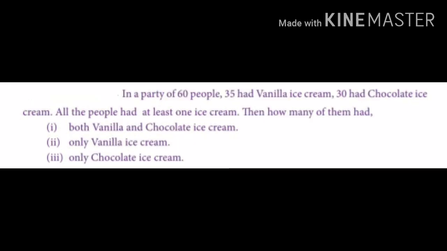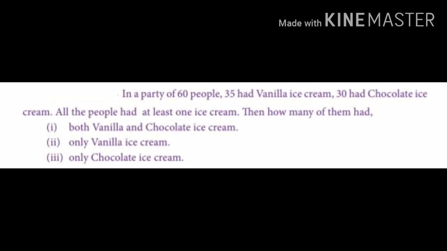Second question. In a party of 60 people, 35 had vanilla ice cream and 30 had chocolate ice cream. All the people had at least one ice cream. Then how many of them had, first, both vanilla and chocolate ice cream; second, only vanilla ice cream; third, only chocolate ice cream?